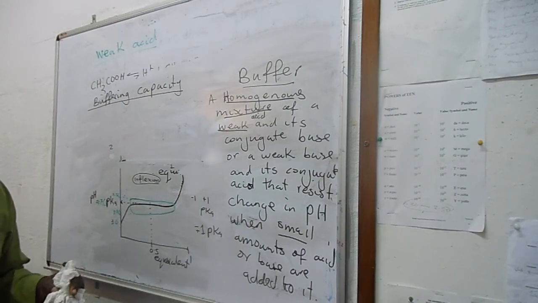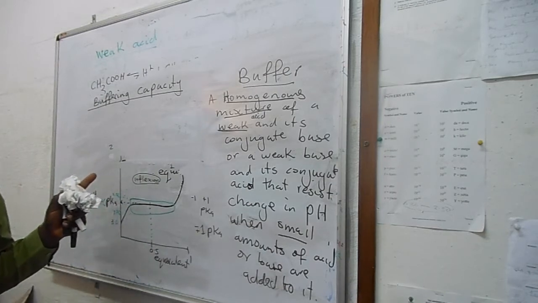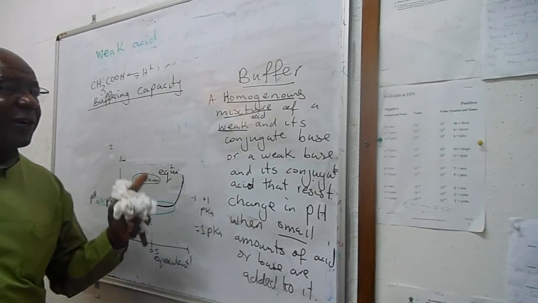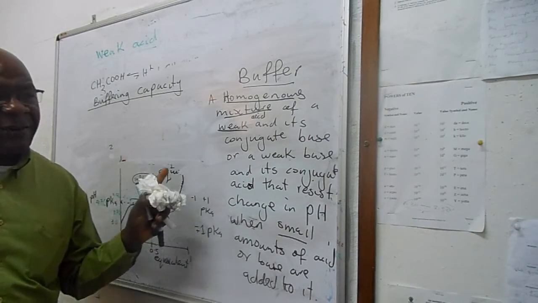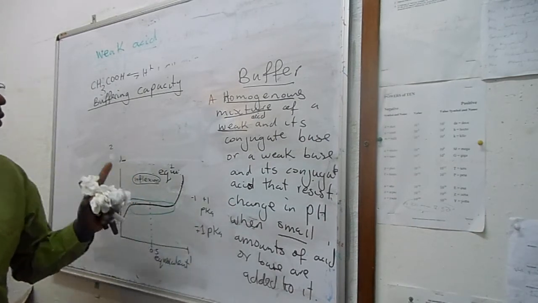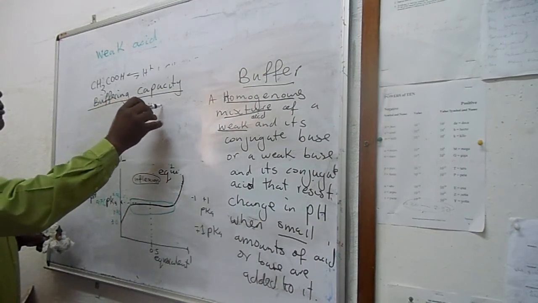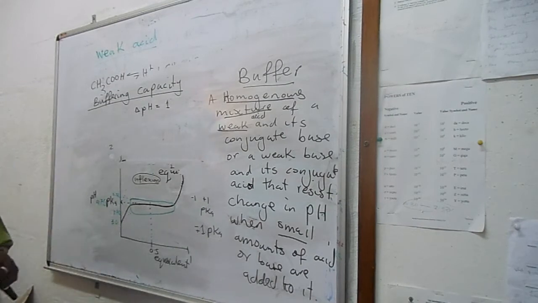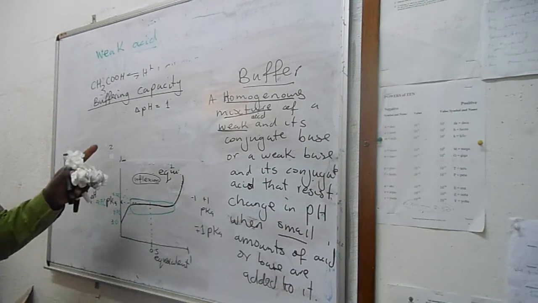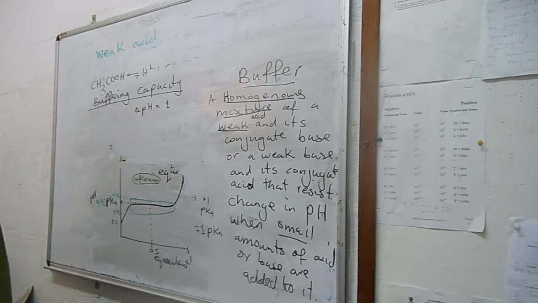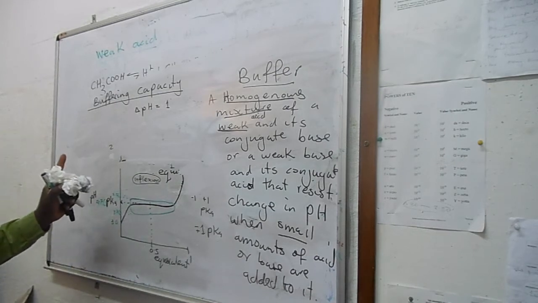Put differently, the buffering capacity is the amount of acid or base that can be added to a buffer to cause a change of pH of 1. That is, the number of moles of acid or the number of moles of a base that will be added to a buffer to change the pH by 1. That is a buffering capacity.